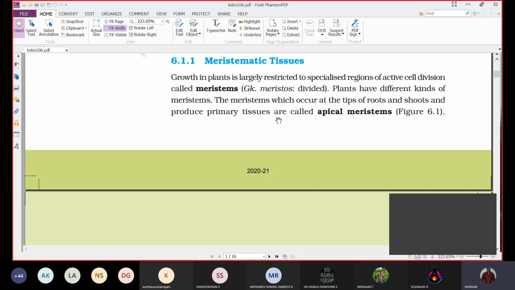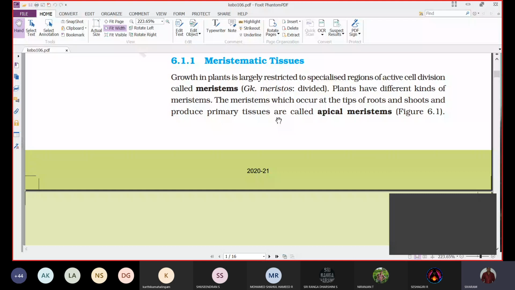That tissue we are calling apical meristem because it is present at the apex, that is at the tips, and helps in the growth of the stem. So in plants, the growth occurs only at the tips, unlike animals.